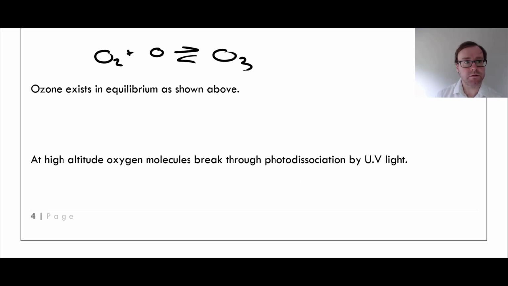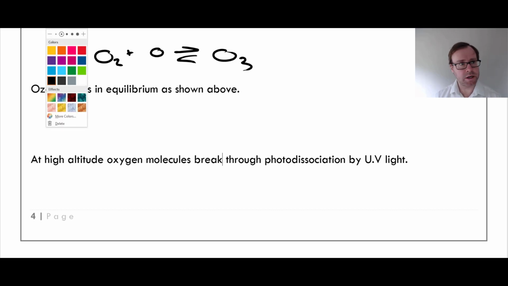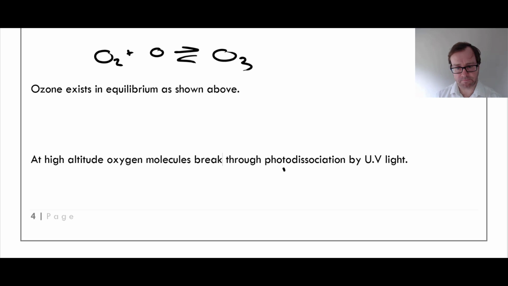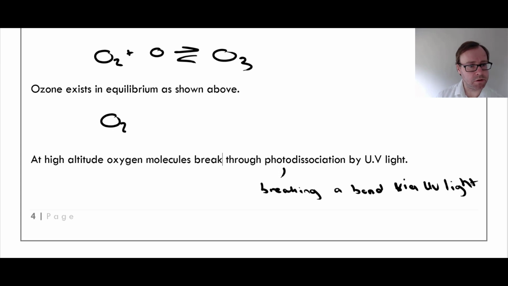So photodissociation, we'll just define that, means breaking a bond via UV light. So my oxygen molecule would break, the covalent bond would break to form two free radicals.